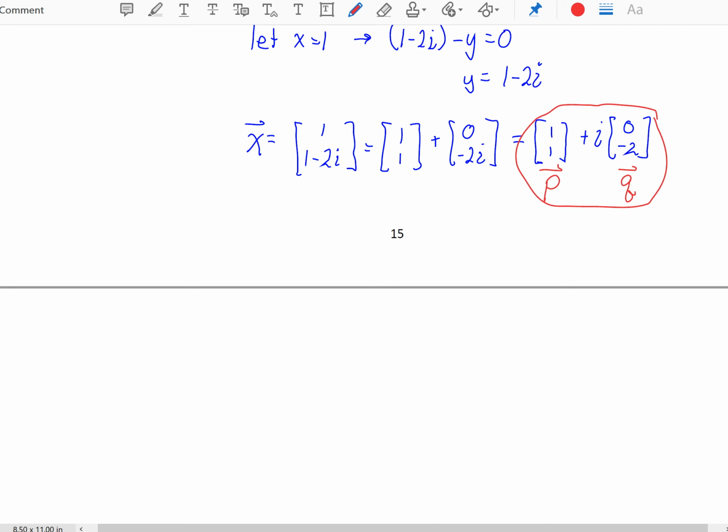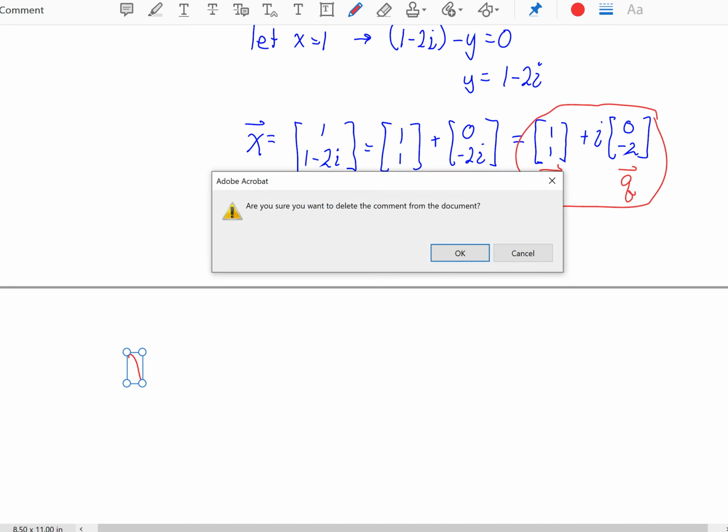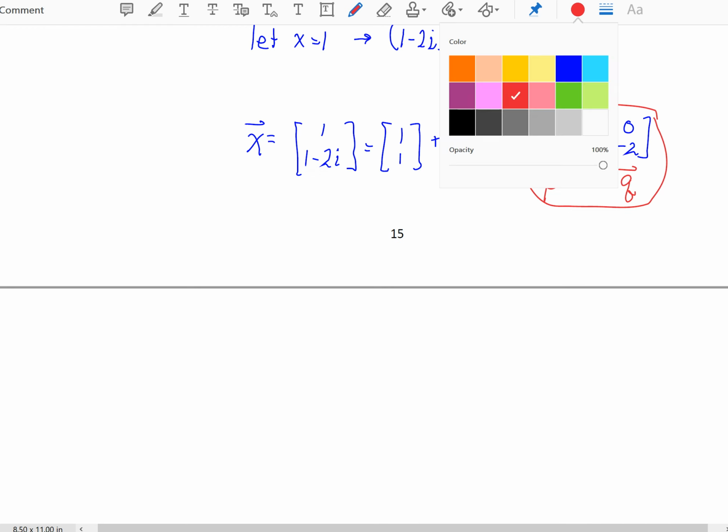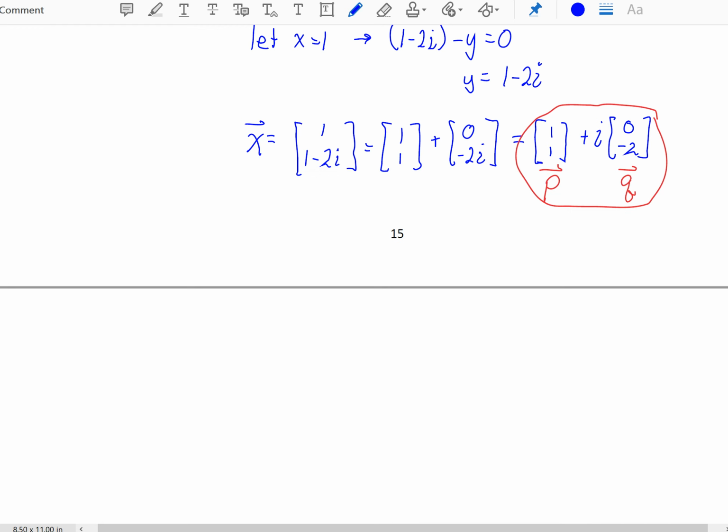So our real portion now is going to be our e to the alpha t, so e to the 5t, times the cosine of beta t, 2t, times our p vector, 1, 1.